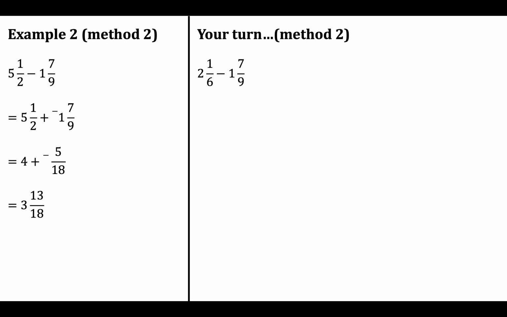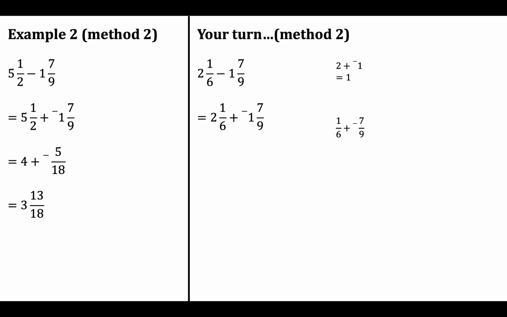Here's one for you to try, and again if you pause the video while you have a shot at this. Okay, welcome back folks. So this one here, we know that subtracting 1 and 7/9 is the same as adding the additive inverse of 1 and 7/9. Examining our whole numbers, 2 plus negative 1 gives us 1. 1/6 plus negative 7/9 for our fractions.